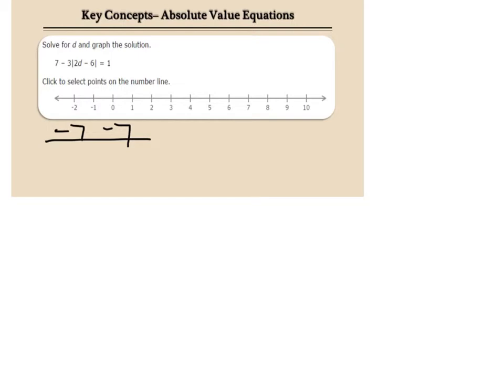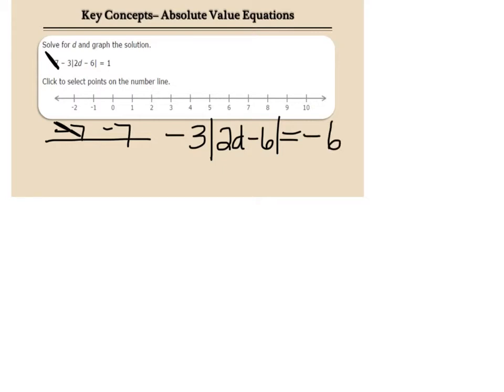Alright, so when I subtract 7 from both sides, this one's gone, and I'm left with negative 3 times the absolute value of 2d minus 6 equals 1 take away 7 is negative 6.